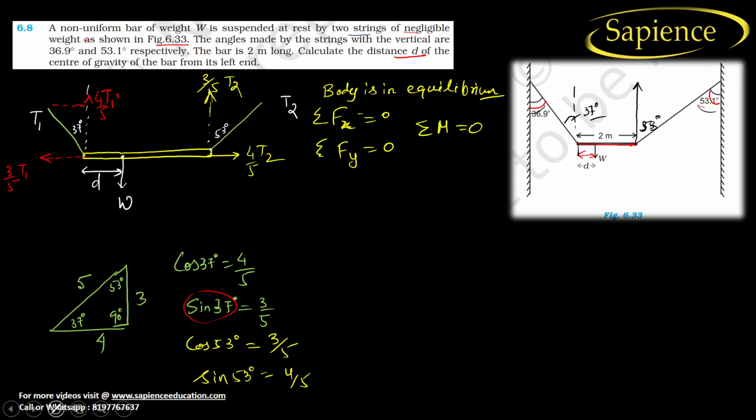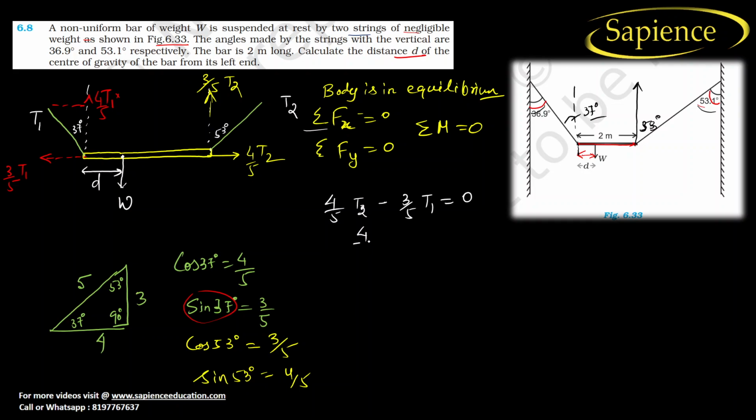Now we will calculate one by one. If in the x direction the sum of the force is 0, then 4 by 5 T2 minus 3 by 5 T1 is equal to 0.